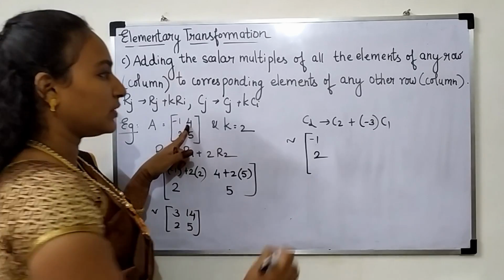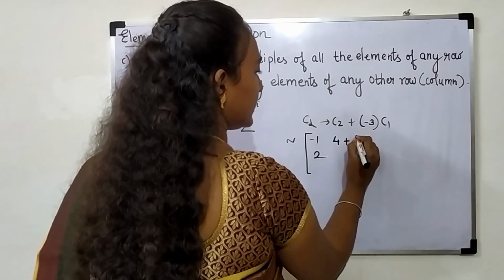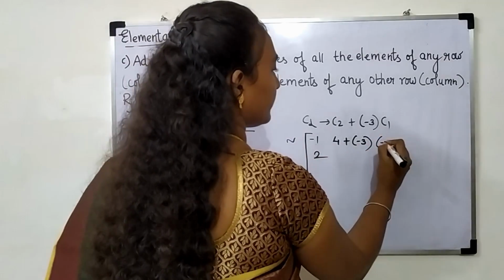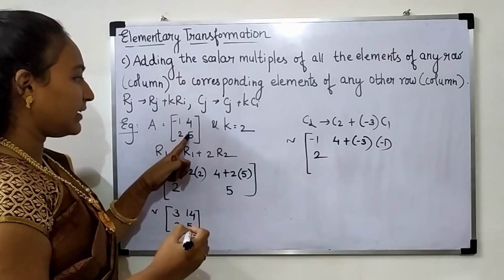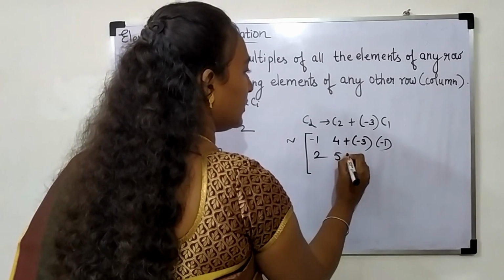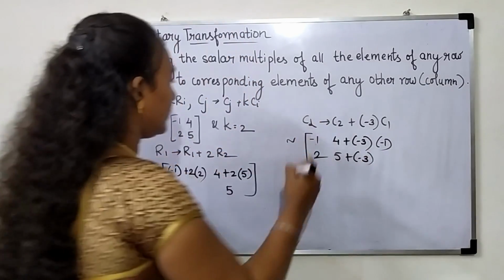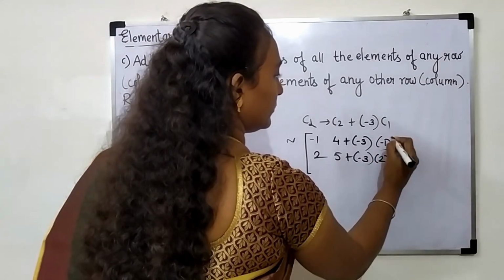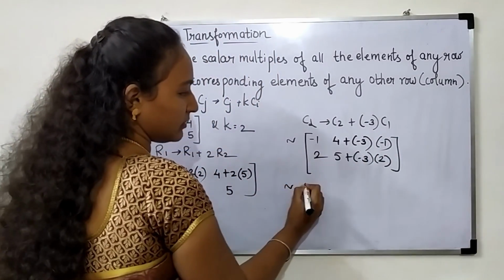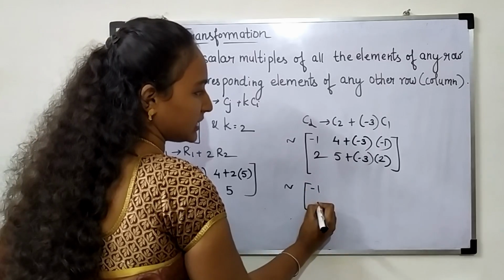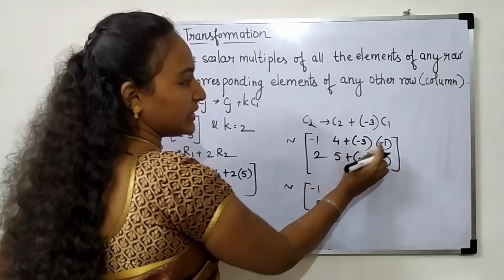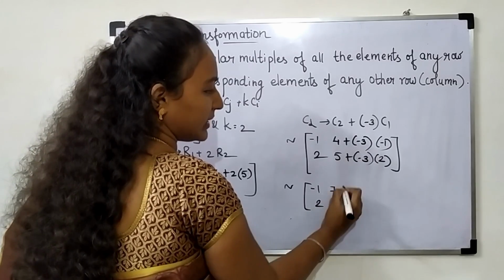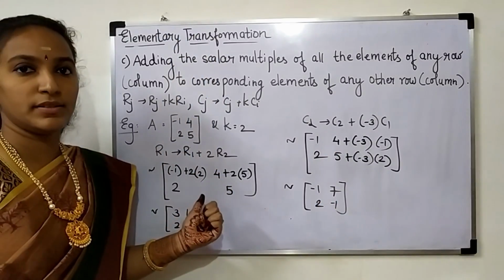Here we have 4 plus -3 times C1, which is -1. Similarly, here we have 5 plus -3 times 2. Let us simplify this. So this becomes -1, 2, 4 plus 3 is 7, 5 minus 6 is -1. Hope you understood this.